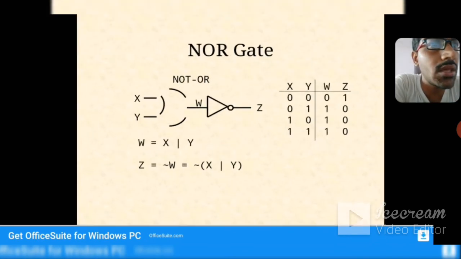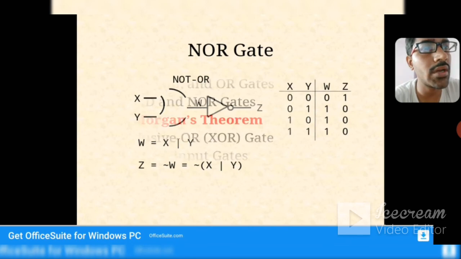You can see W gives us the output of the OR gate, where only in one case the output is 0, that is when both inputs are 0, otherwise in all other cases we get 1s. That output is complemented by the inverter, so the output becomes 1 0 0 0, where the 0 becomes 1 and all 3 ones become 0 in the NOR gate.